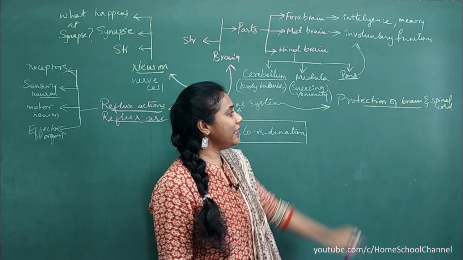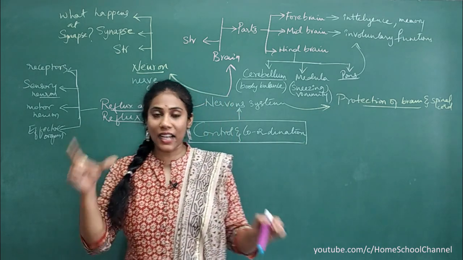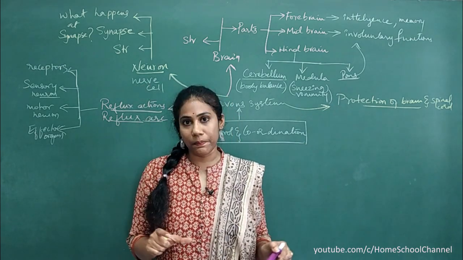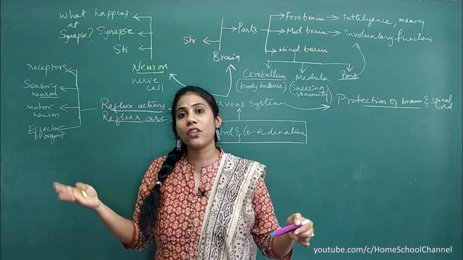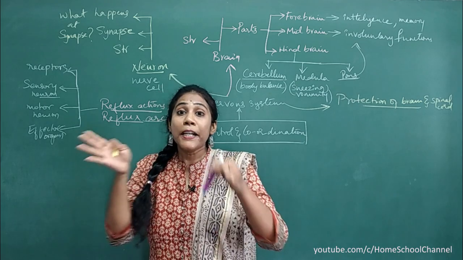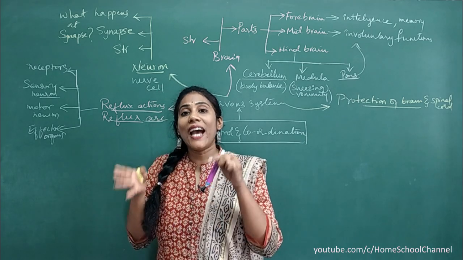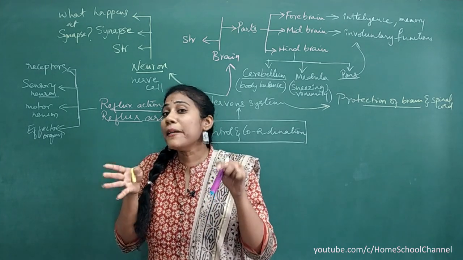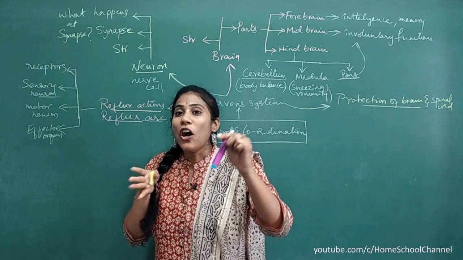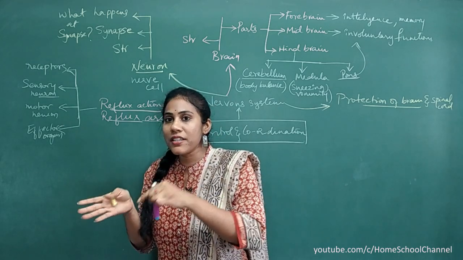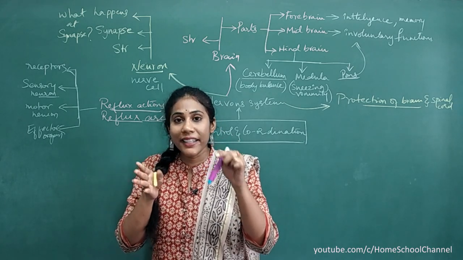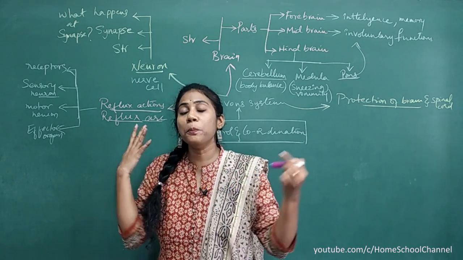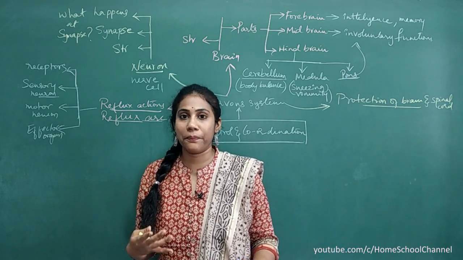Actually, brain is protected by a skull, which we call cranium. And inside the cranium we have certain layers called meninges, and between the meninges we have a fluid called cerebrospinal fluid. All these layers of meninges and the hard, bony structure called cranium try to protect the brain safely, right?